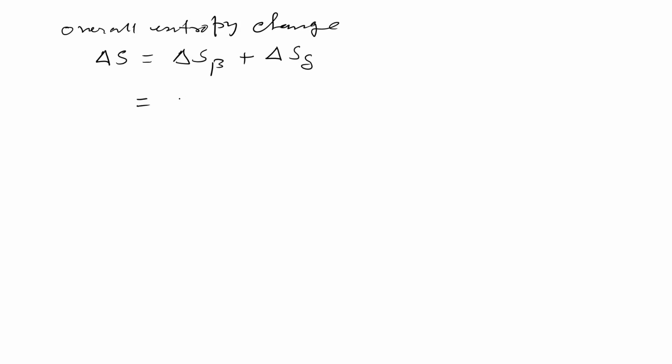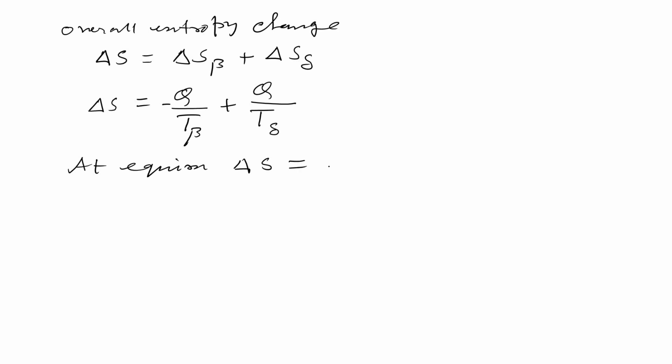Delta S of beta phase is minus Q by T beta, since it is the overall heat released, plus here the same amount of heat is absorbed, Q by T delta. Okay, so this is the overall entropy change, right? Now, at equilibrium, delta S should be equal to 0. Overall entropy change should be 0.